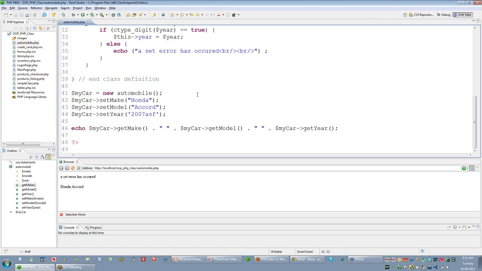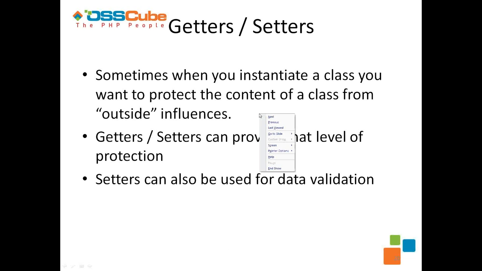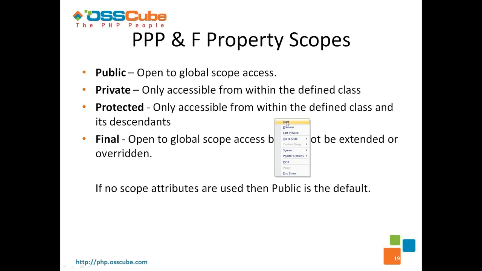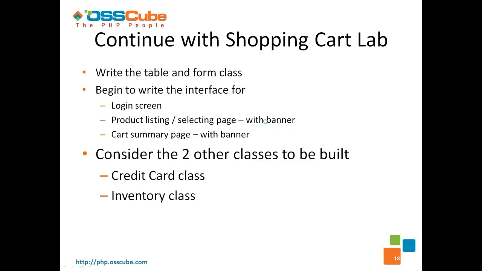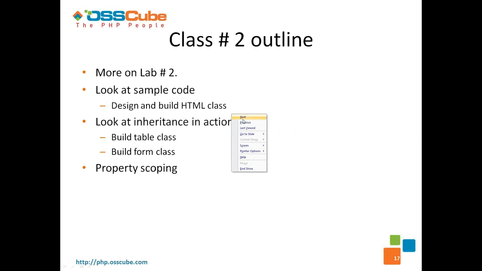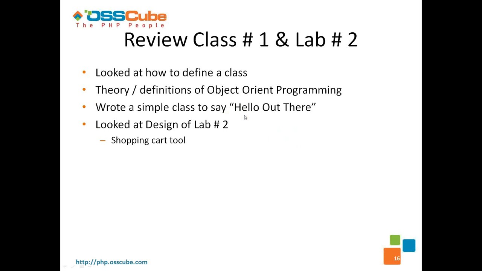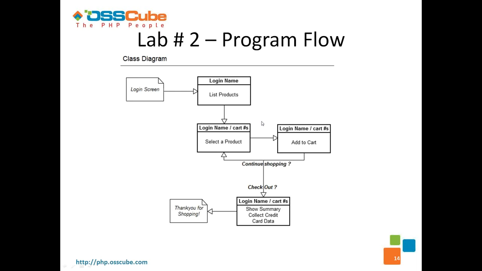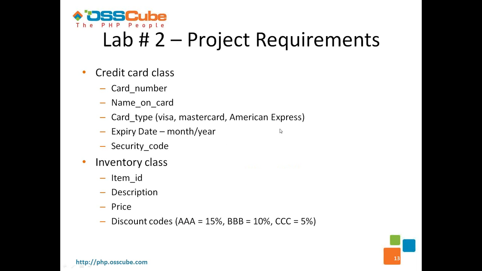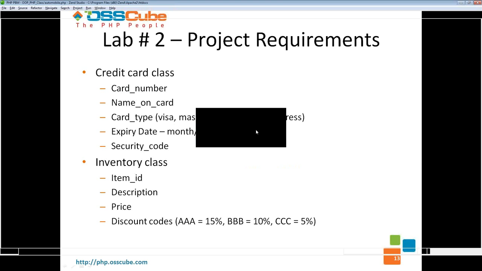So what I want you to do, this is going to be some lab time, is we have in our requirements, I'll go back a few pages here, these two classes that I'd like to define.